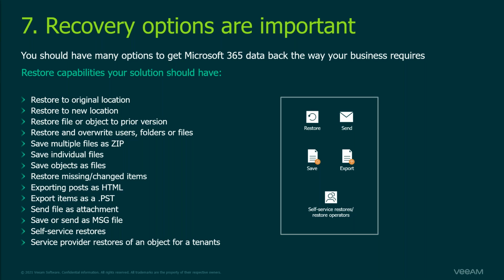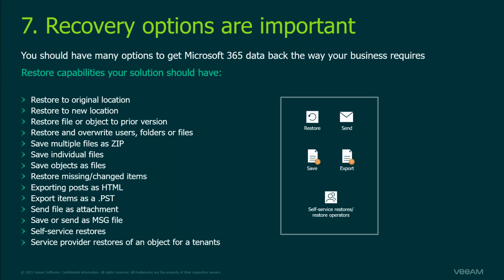The data could be your mailbox, your SharePoint, your Teams, or your OneDrive. Either you can restore to the original location, or you can create a PST file for your mailbox, or you can redirect to another location for your OneDrive files and Teams chat. You do have the privilege to do that.